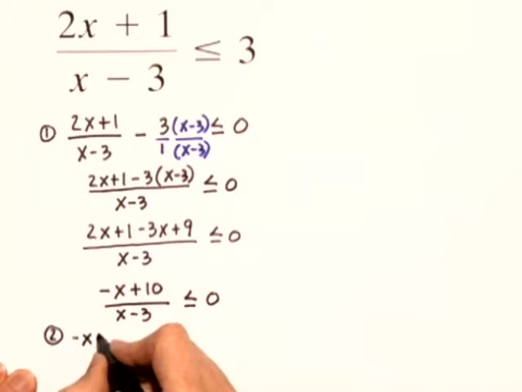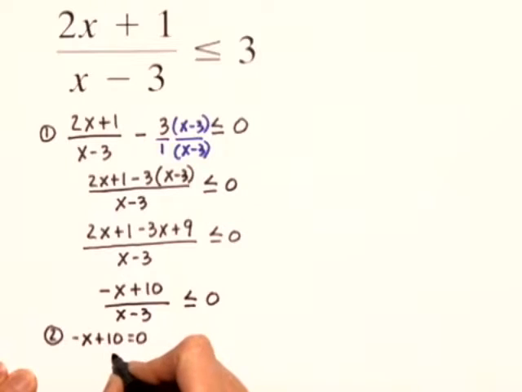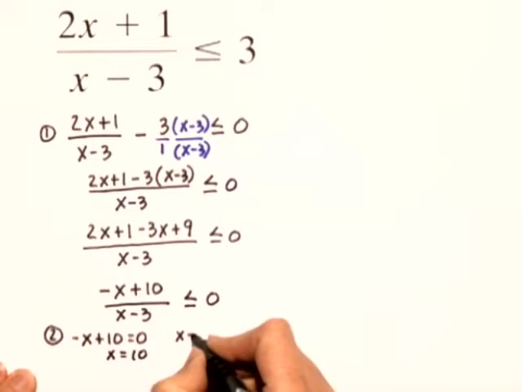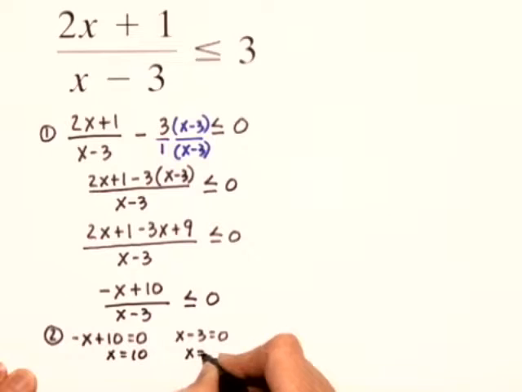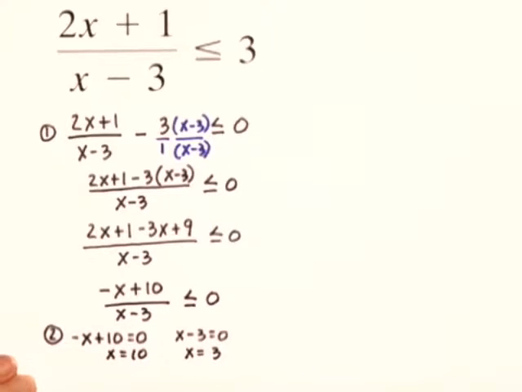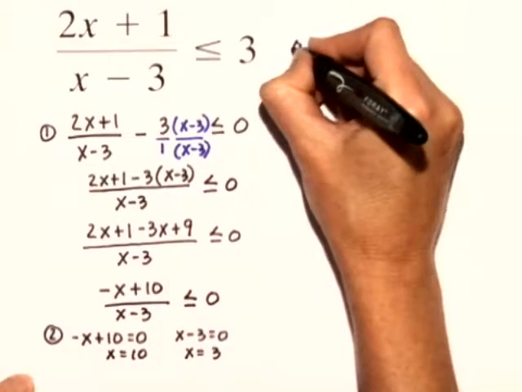If we set -x + 10 equal to 0 and we solve this, we get a solution of x equals 10. If we set x - 3 equal to 0 and solve it, we get a solution of x equals 3.